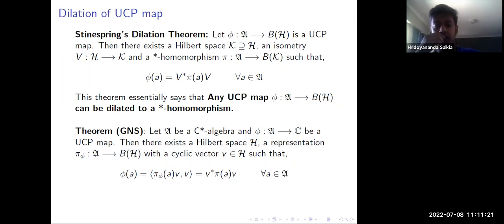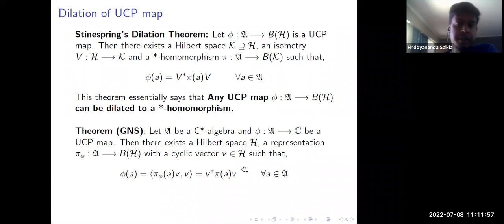Then for every state phi, I can construct the GNS representation pi phi of the C-star algebra A, and that is nothing but the Stinespring dilation of the UCP map phi. In fact, this is the minimal kind of dilation of this UCP map phi. Let's not go into that. But here I just wanted to stress that UCP maps are not so bad. They are very similar to star representations whenever the codomain is B of H.